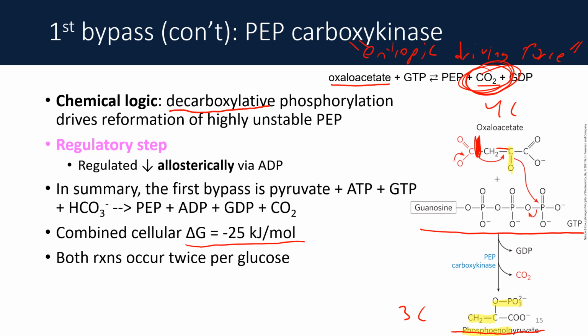That's what makes these two successive reactions the first gatekeeper. They're going to be irreversible and help commit those substrates to gluconeogenesis.